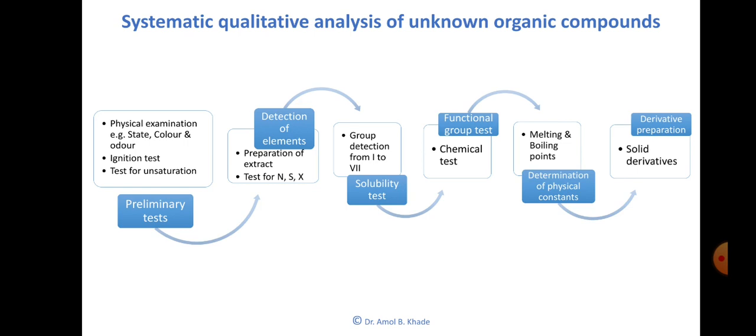So what we can do is prepare a derivative of that unknown organic compound, and the derivative will give a very sharp melting point because it is purer than the given unknown organic compound. So there is a need to prepare the derivative of the compound which you want to identify, and then it will be very easy because it will give a sharp melting point.